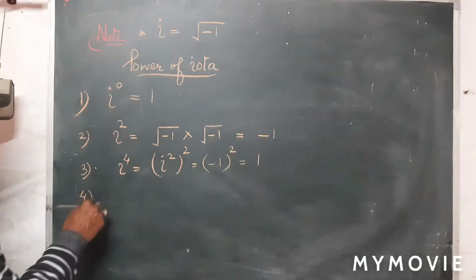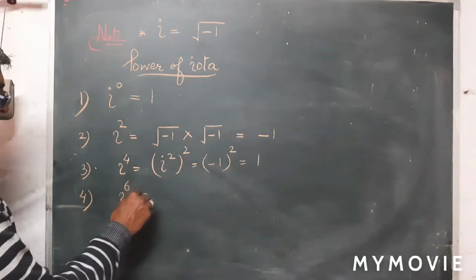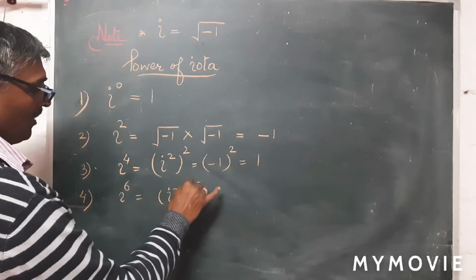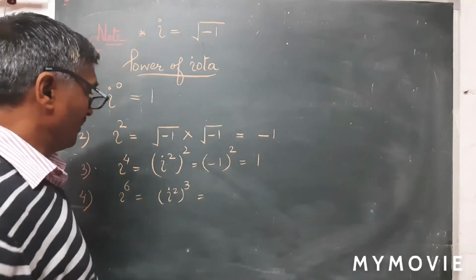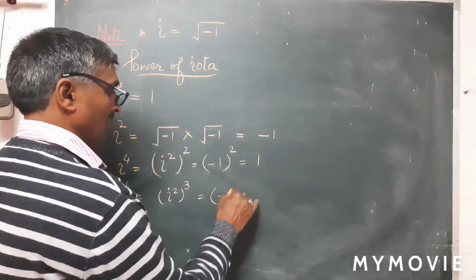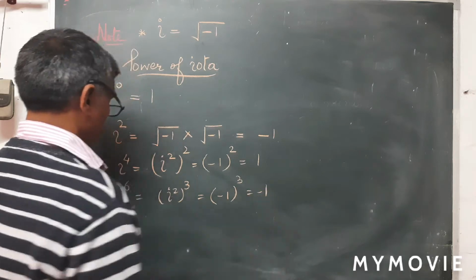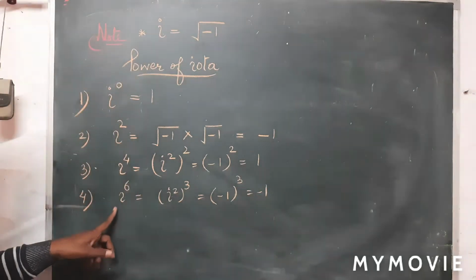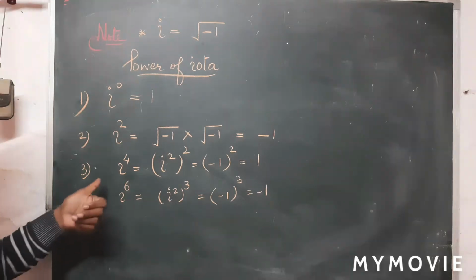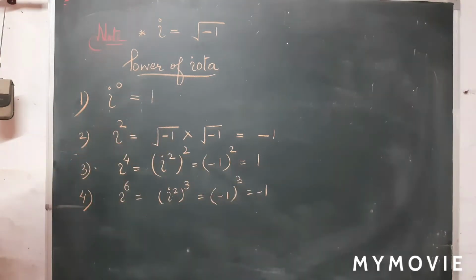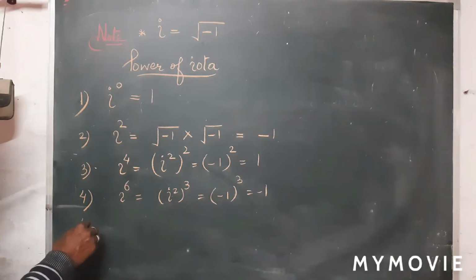Next, iota to power 6 is iota square to power 3, that is minus 1 to power 3, which is minus 1. It means iota to power 6 is equal to minus 1, iota to power 4 is equal to 1, iota square is equal to minus 1. This is all about iota.